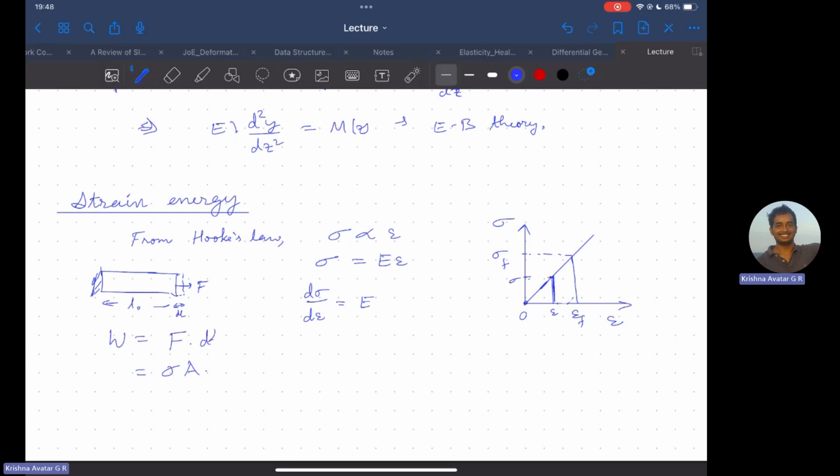So F into dl. This F, as we recall, is sigma into A. d epsilon is equal to dl by L naught, right? And then what we have is sigma A. So dl becomes L naught into d epsilon, and sigma is E epsilon.